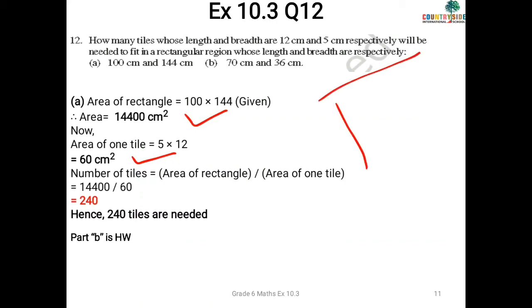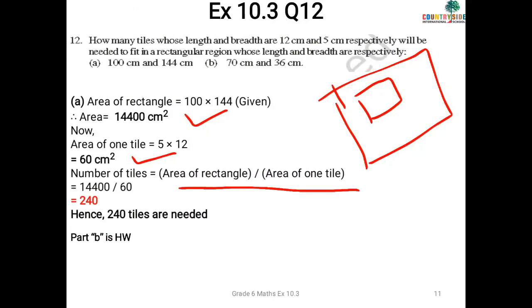Suppose this is our rectangle, and this is our tile. So how many tiles are needed to cover this rectangle? So simply we have to divide: number of tiles equals area of rectangular region upon area of one tile. So 14400 divided by 60, that is 240. Okay, so in the similar way try to solve this B part.